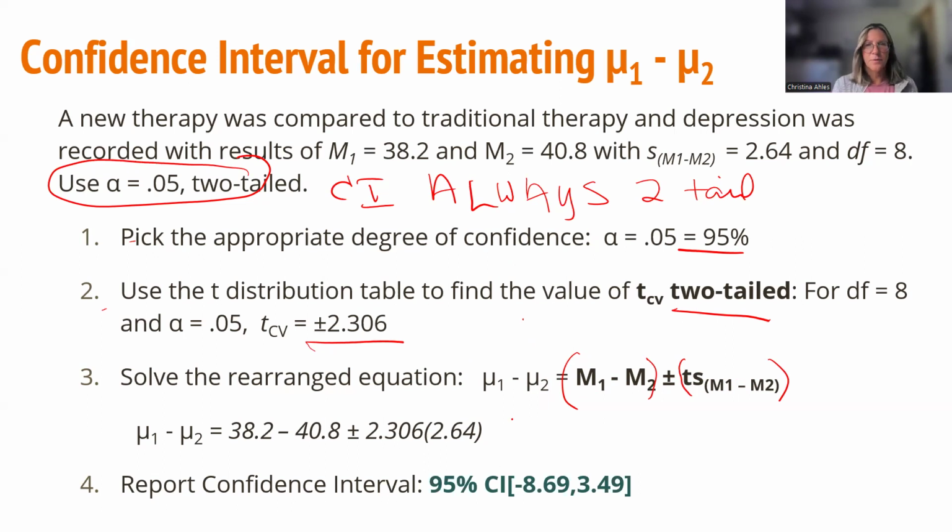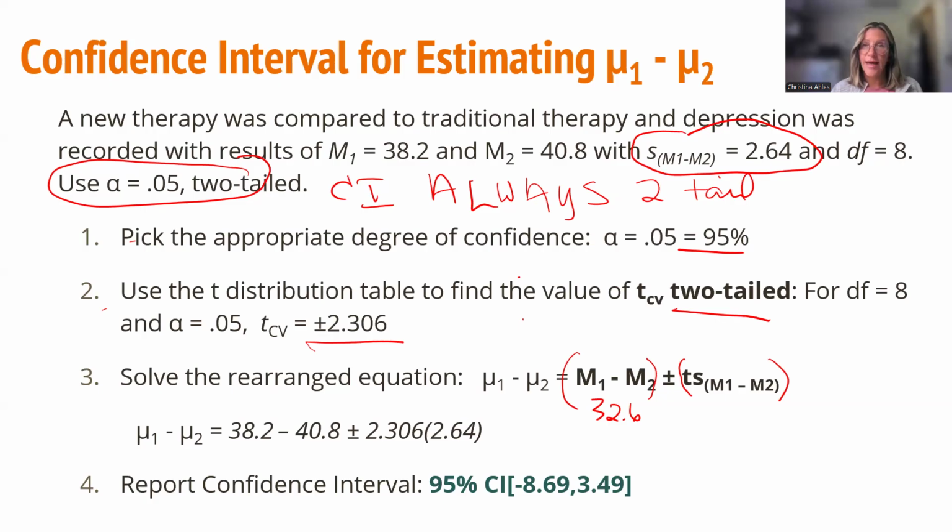So it's going to be 38.2 minus 40.8, and then I just do 2.306 times that 2.64, because that 2.64 was our estimated standard error, the denominator in our original equation. So I put them all up here.